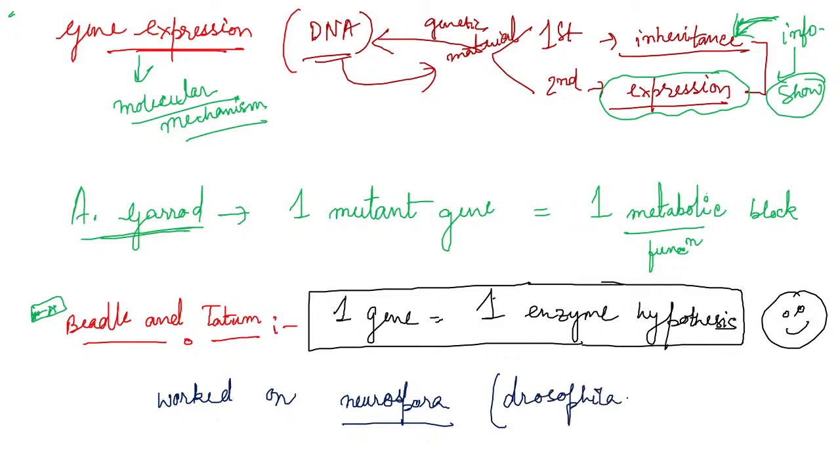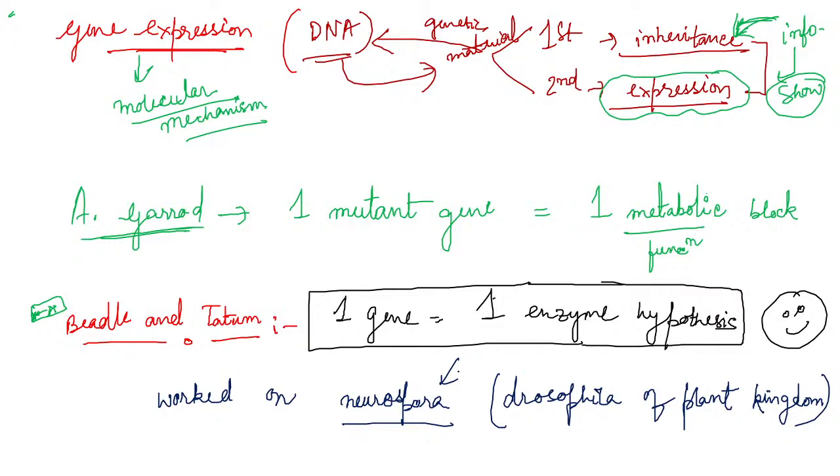In our animal kingdom, we do every experiment on Drosophila. Similarly, in the plant kingdom, we do every experiment on Neurospora, which can grow easily in a minimal medium.